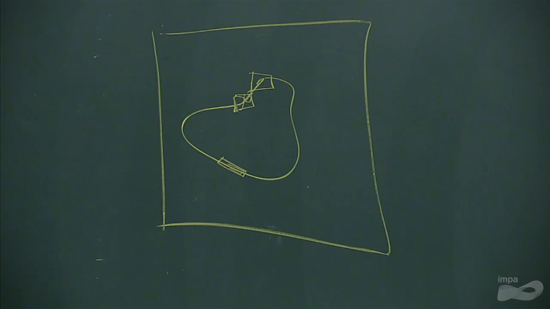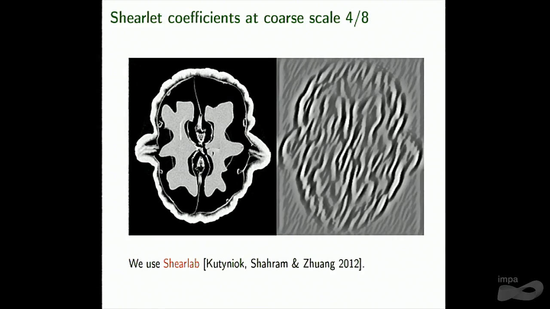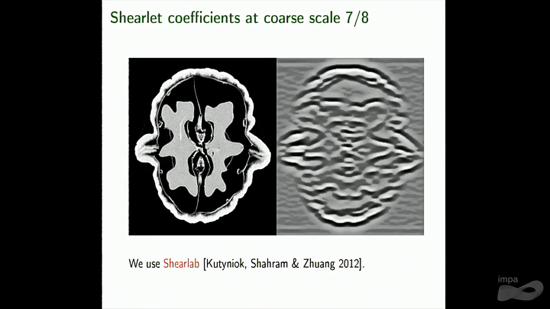So shearlets, let me just show you how they look. They also divide the picture into different detail spaces. So first, at the coarsest scale, I show you the 8 parts where the shearlets divide. So they look like this.